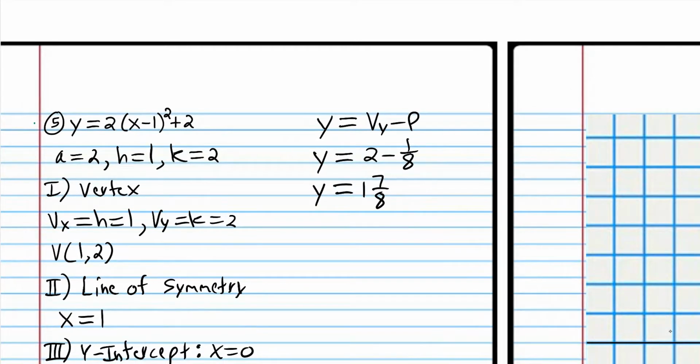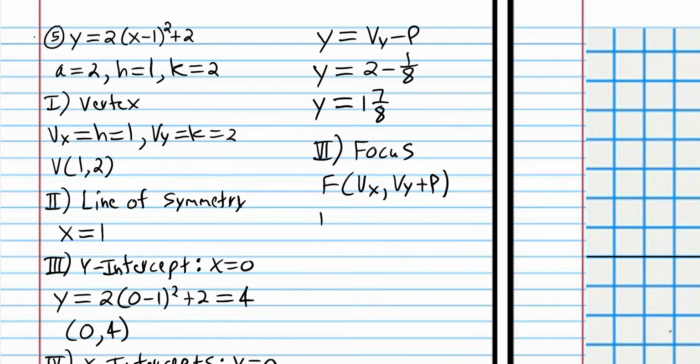Now we're going to find the focus. The x value of the focus is always the x value of the vertex, and the y value of the focus is always the y value of the vertex plus p. So the x value of the vertex is 1, and the y value of the vertex is 2, and we add p, which is 1/8. So the focus is (1, 2 1/8).